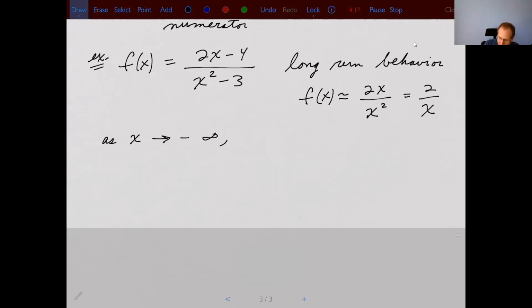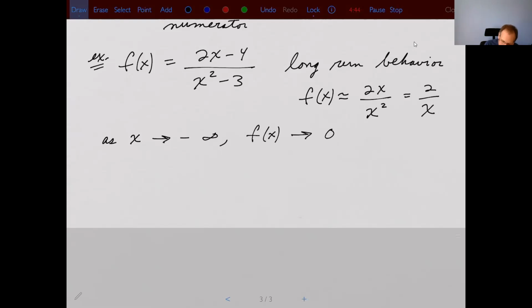Well, as x gets very, very negative, so negative 100, negative a million, negative a trillion, and so on, that number is still going to be negative, but it's getting closer and closer to 0, right? It's going to be a very, very small negative number. So we can say as x approaches negative infinity, that function approaches 0.